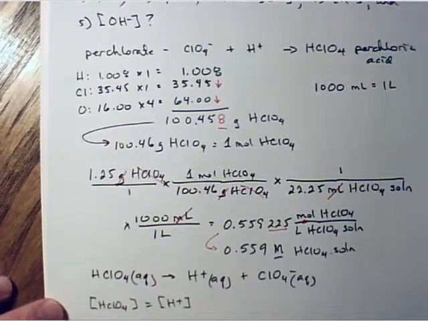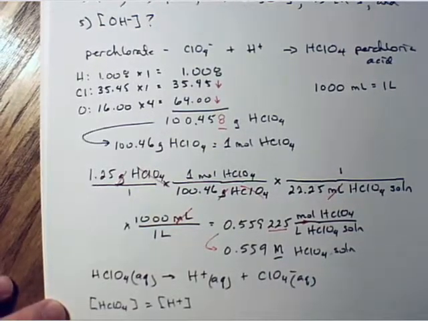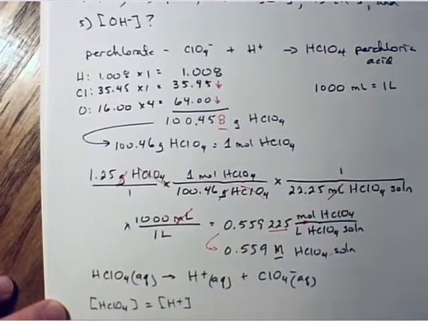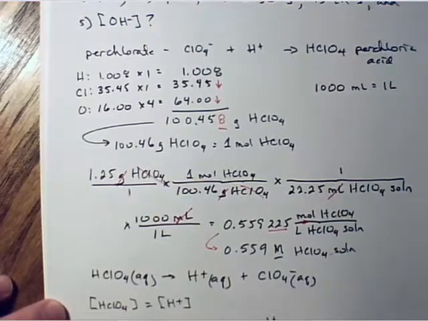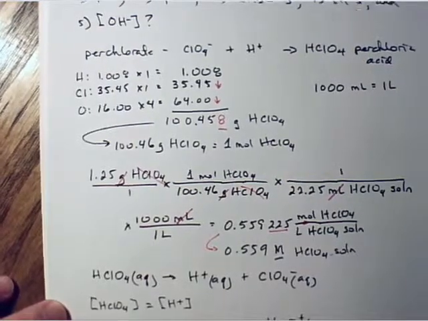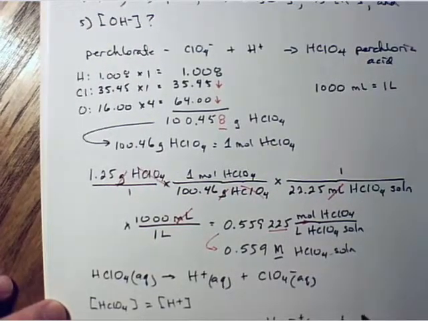Okay? And using the Bronsted-Lowry theory, we would take the hydrogen and join it up with a water molecule, and we'd have a chlorate ion left over. Okay, and so for every one of these, I get one of those.